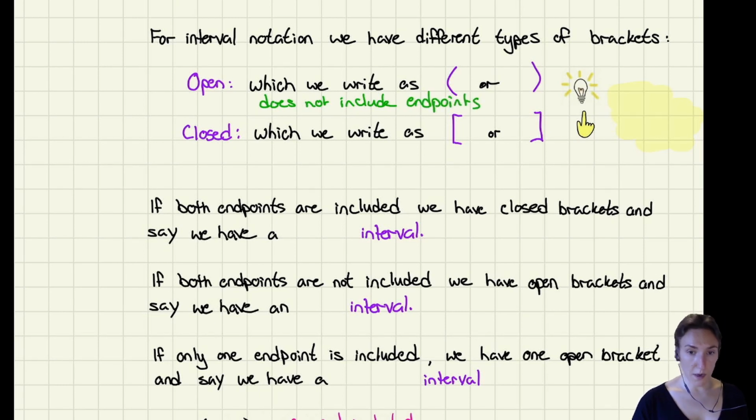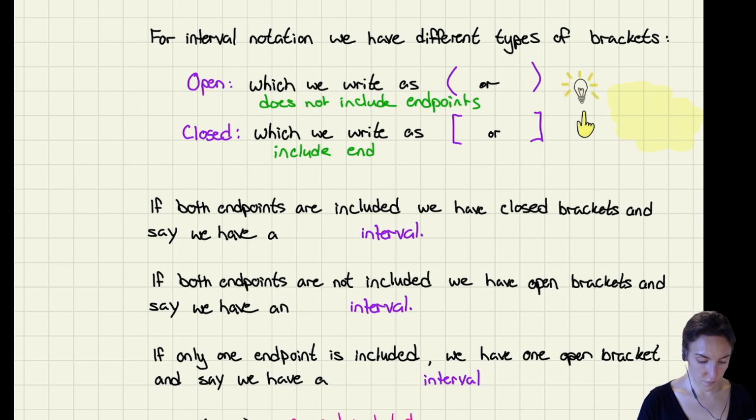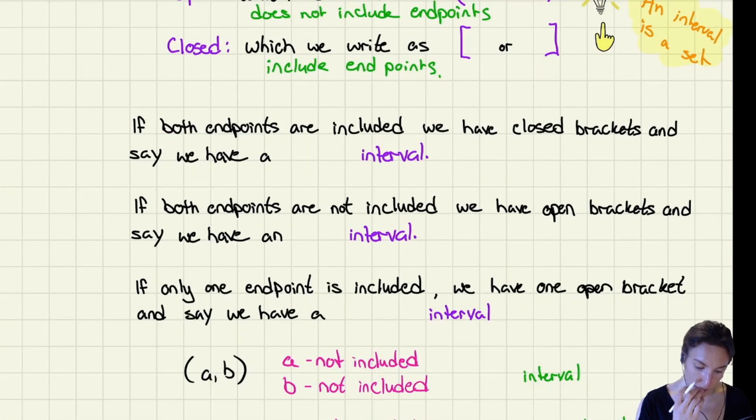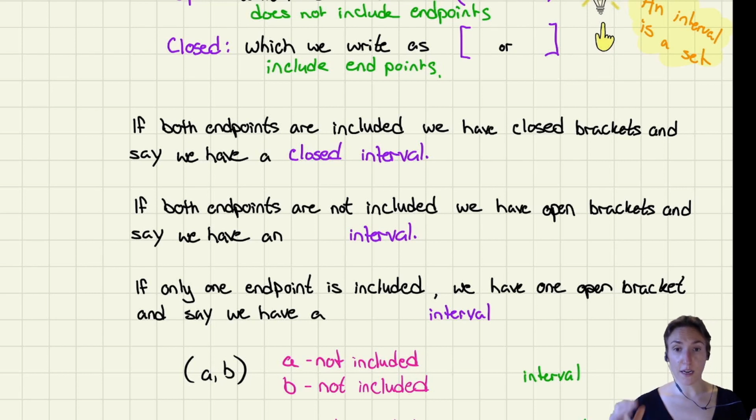If you have square brackets, the endpoints are included. So if both endpoints are included, we have closed brackets, and in terms of vocabulary, we call this a closed interval. If our endpoints are not included and we have open brackets, this is called an open interval.